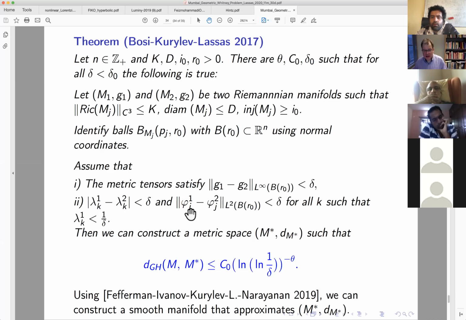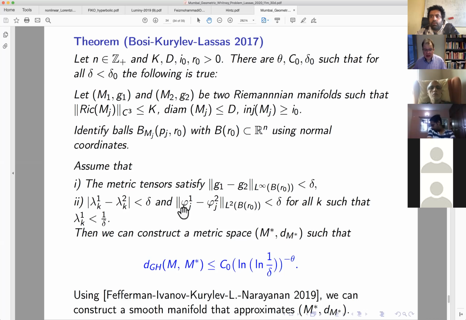But you can formulate this in a different way, so that if you have eigenspaces that have higher multiplicity, then you allow that you pre-process your data, for instance, by making orthogonal rotations to the eigenfunctions. This is true that if this holds, then you can construct a metric space.